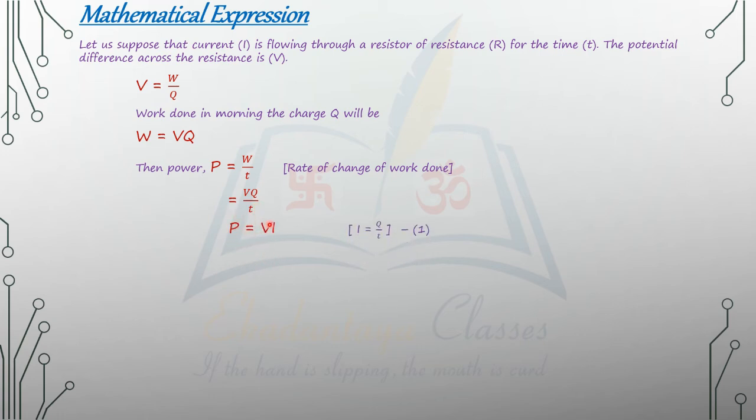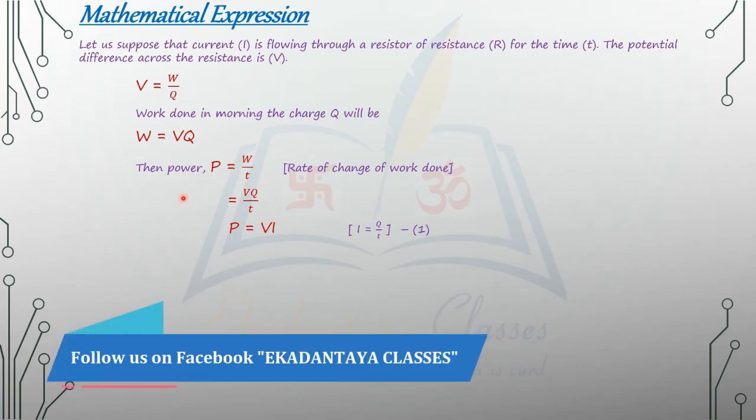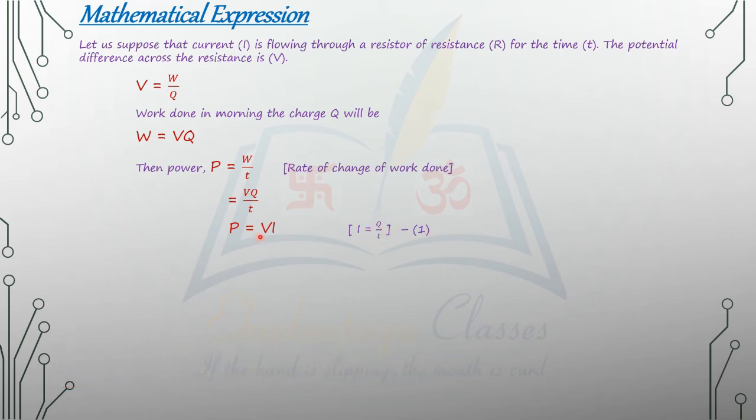Now it becomes P is equal to VI, since Q by t is the current I in amperes. In the previous slides I showed that I is equal to Q by t. Let us consider this as equation 1.